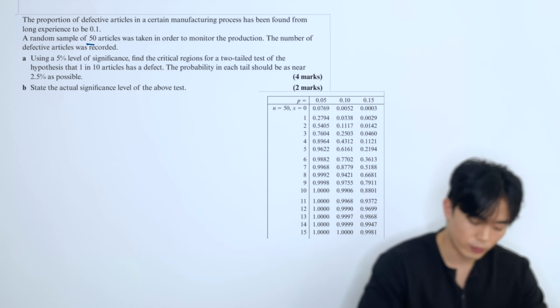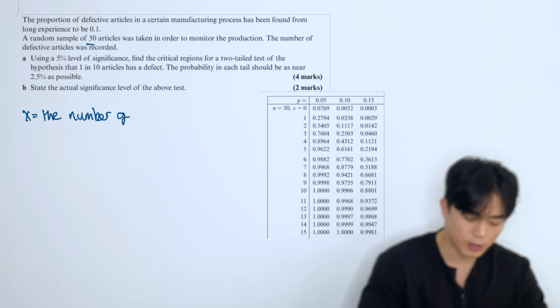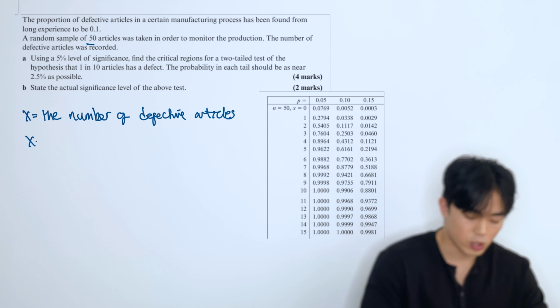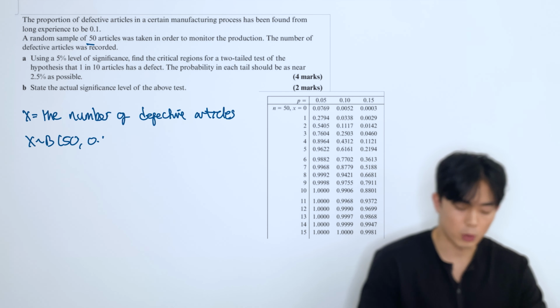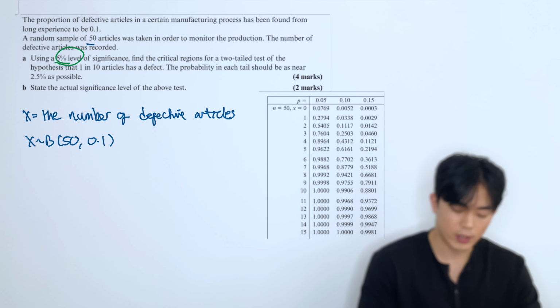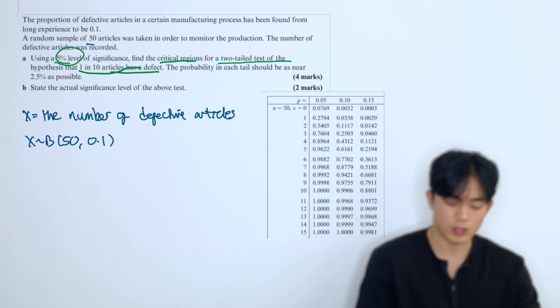So X is going to be the number of what we're counting, defective articles. Okay, so X is binomially distributed. They're taking a sample of 50 and they assume that 0.1 to be correct. Using a 5% level of significance, find the critical regions for the two-tailed test of the hypothesis that 1 in 10 articles has been defective.